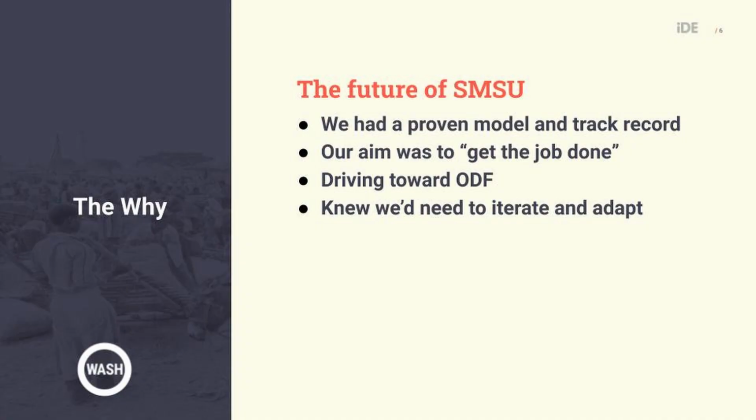So that was where we were with the SMSU program in 2017, and thinking about how we were going to fund this third phase of the program. What kind of funders were we going to need to have in place to give us that flexibility, but also obviously the amount of funding that goes into funding a program at scale.